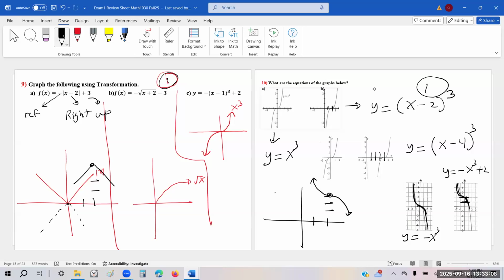What's the equation of this graph? y equals negative (x minus 2) cubed. Don't forget your original function. And then plus 3. So you have to see which direction you're going. Left, right goes inside, opposite direction. And then up, down goes outside, after your cube function.